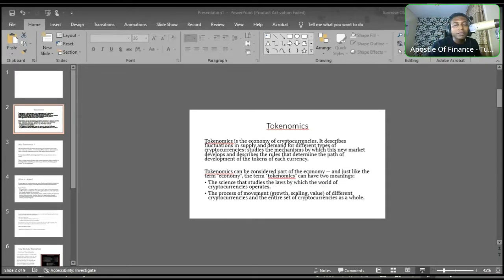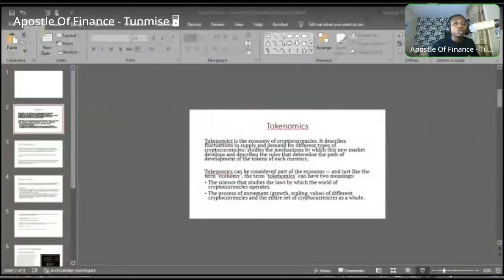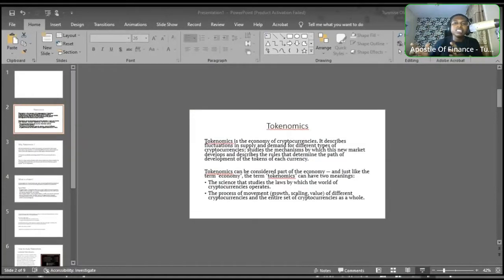It is because there is someone who is willing to sell that you are able to buy. So it is because of the number of tokens in circulation that is providing that fluctuation in demand and supply. Tokenomics studies the mechanism by which new markets develop and describes the rules that determine the path of development of the tokens of each currency.